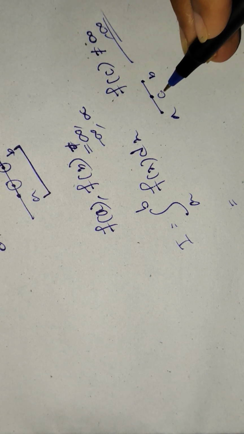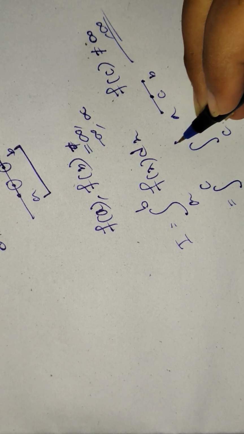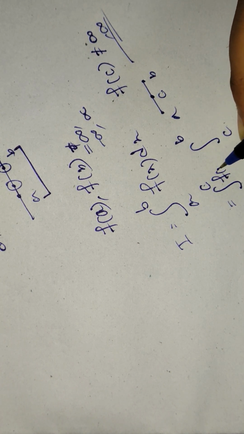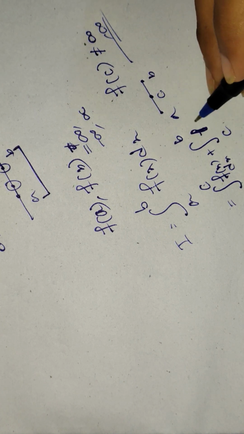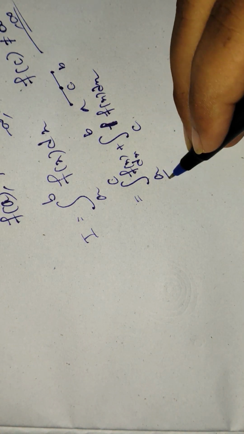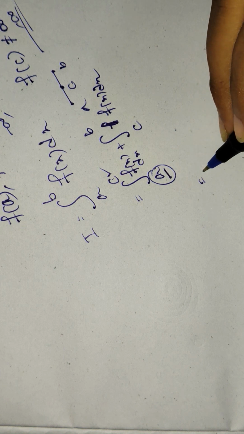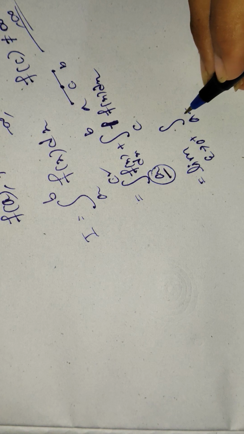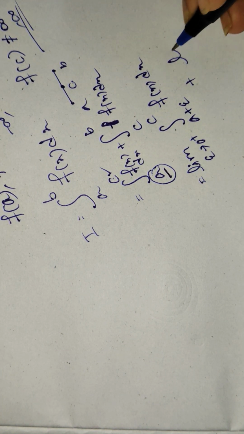Let's say this is c, so you have to break the limit into a to c, then c to b. Now you can see the integral from a to c of f(x) dx plus the integral from c to b of f(x) dx. In that case the function is not bounded at point a, but it is bounded at c. So we have to take the limit as epsilon tends to 0 positive of the integral from a plus epsilon to c of f(x) dx, plus a limit.